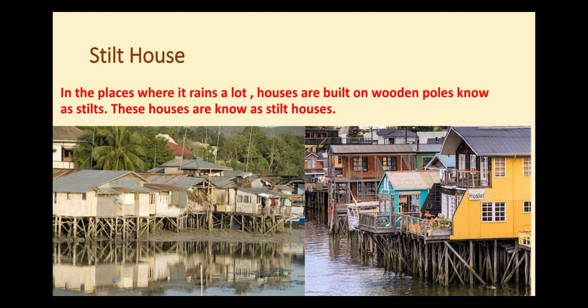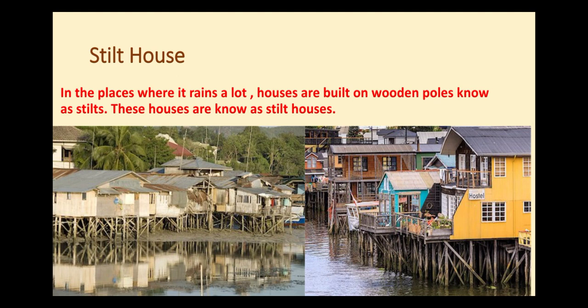Now, see, children, in some places of the world, it rains a lot, and in such areas, the houses are built on wooden poles. Okay, as you can see in the image, can you see the houses carefully? What can you see? That these houses are built on wooden poles, right?